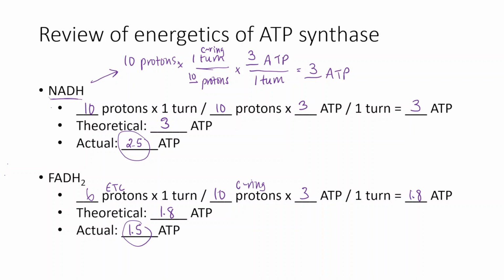And some of them can also be used as a gradient source for other enzymes to catalyze other reactions. So you have a proton gradient, it drives ATP synthase, but it might also drive other reactions. Wait, so it's the same reason for NADH? Yeah, because protons are protons, right?